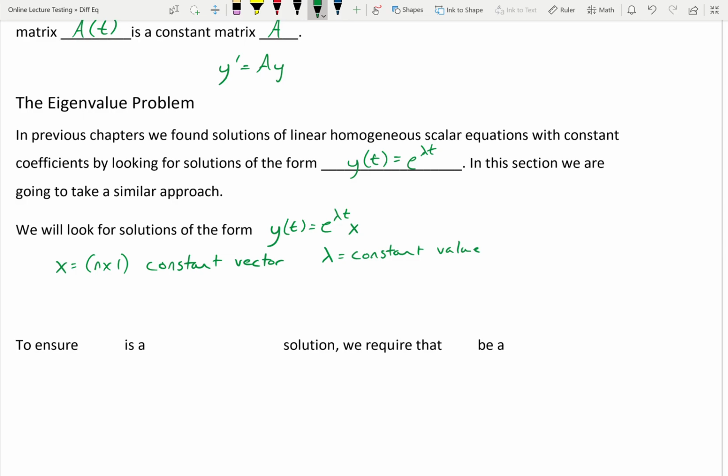Okay, and here I am going to go ahead and emphasize that we are possibly going to be dealing with, and will be dealing with, complex values when those pop up.